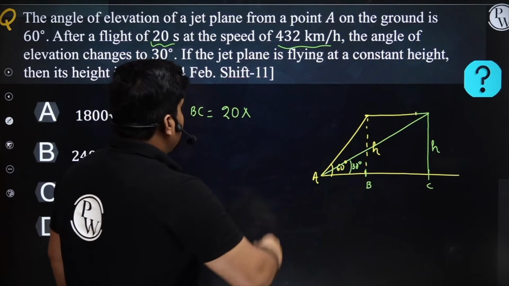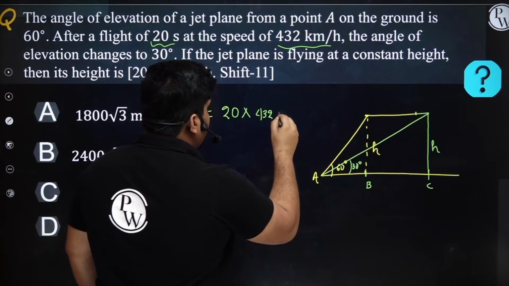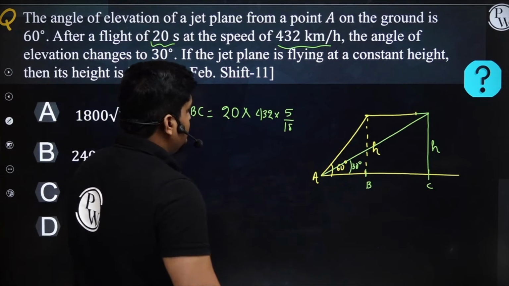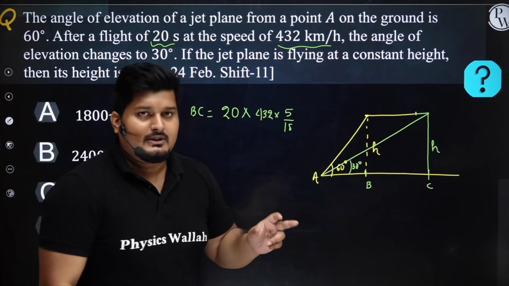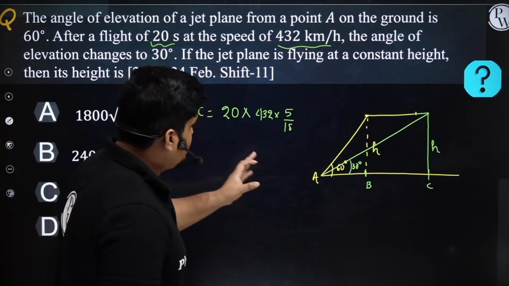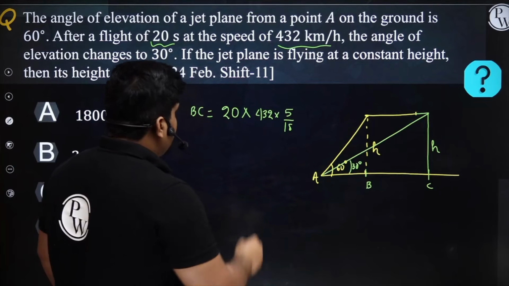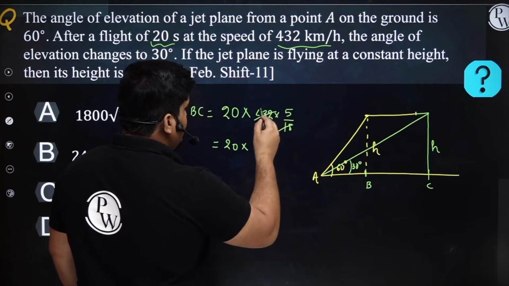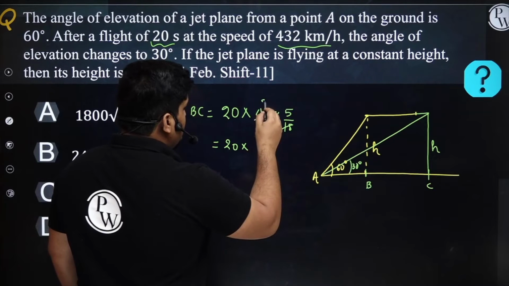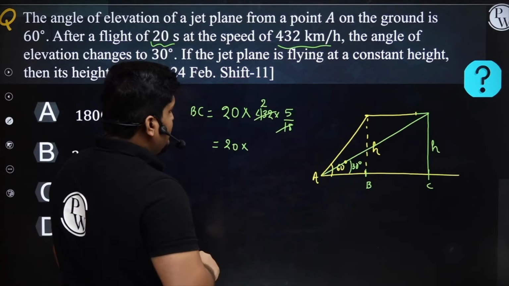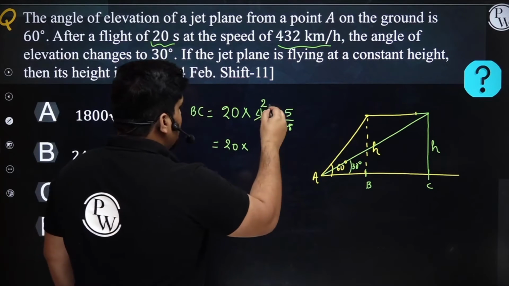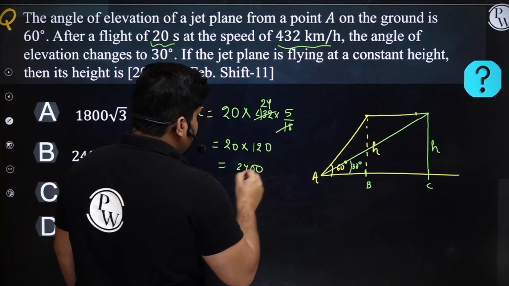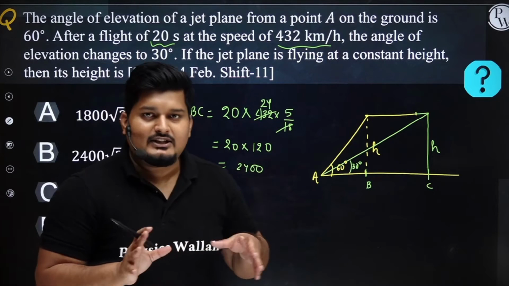Velocity is 432, and we need it in meter per second, so we multiply it by 5 by 18. So this is 20 into 432 into 5 by 18, which is 2400. So we got BC length as 2400.